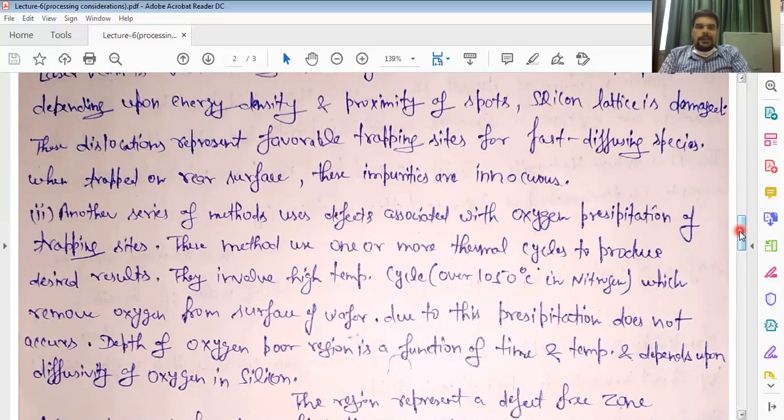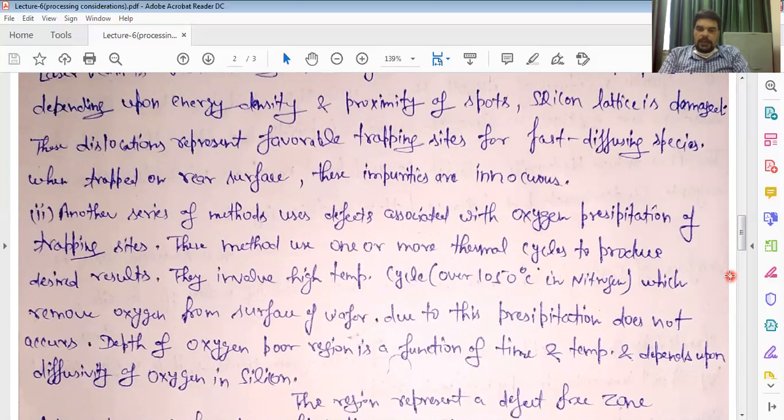Now another one is intrinsic gettering. In intrinsic gettering, we use defects associated with oxygen precipitation as trapping sites. These methods use one or more thermal cycles to produce the desired results.